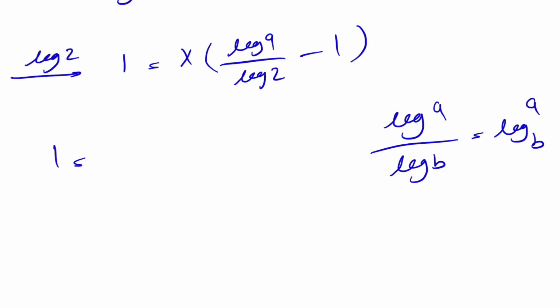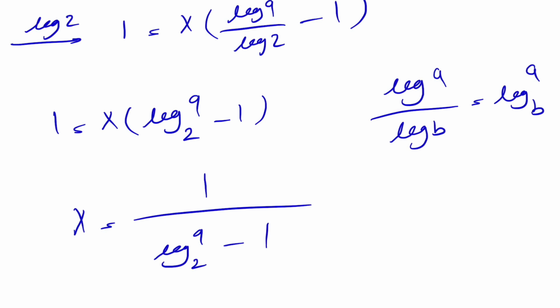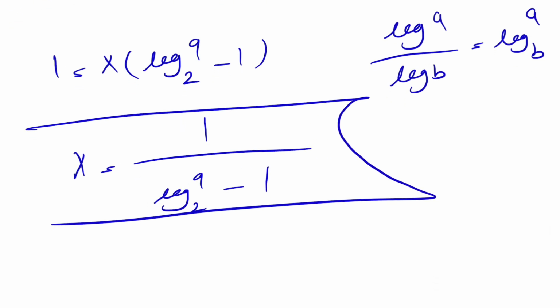So here our 1 will be equal to x times log base 2 of 9 minus 1. So we can find our x here: 1 over log base 2 of 9 minus 1, and this would be the final answer for this question.